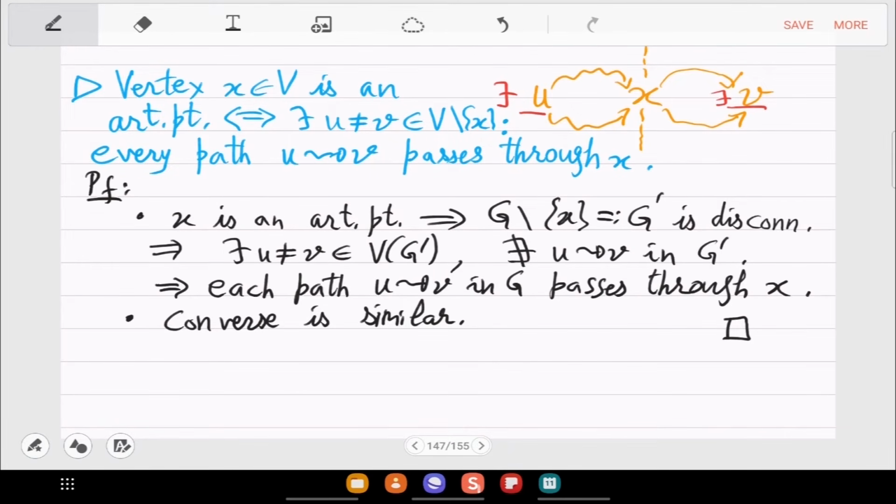So that is the first property of an articulation point X in the connected undirected graph G. And so you immediately learn that if G has no articulation point, then the graph is robust, so G is biconnected.